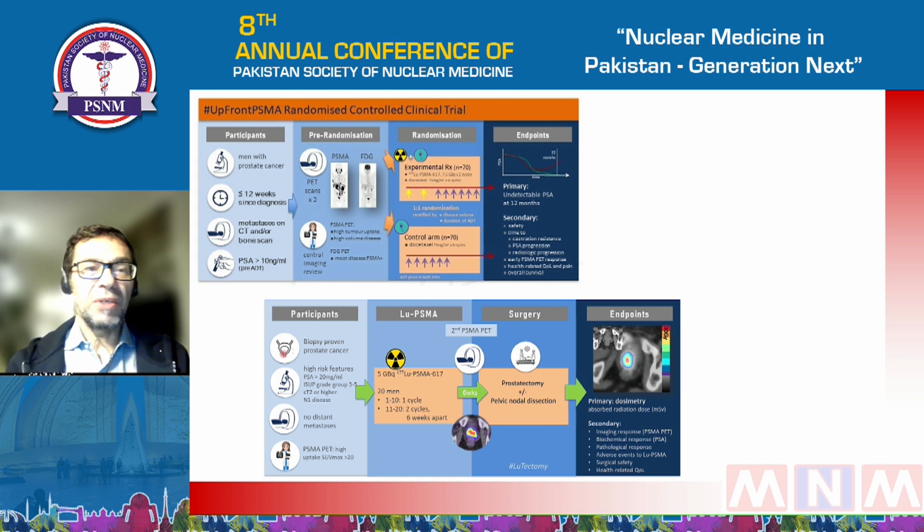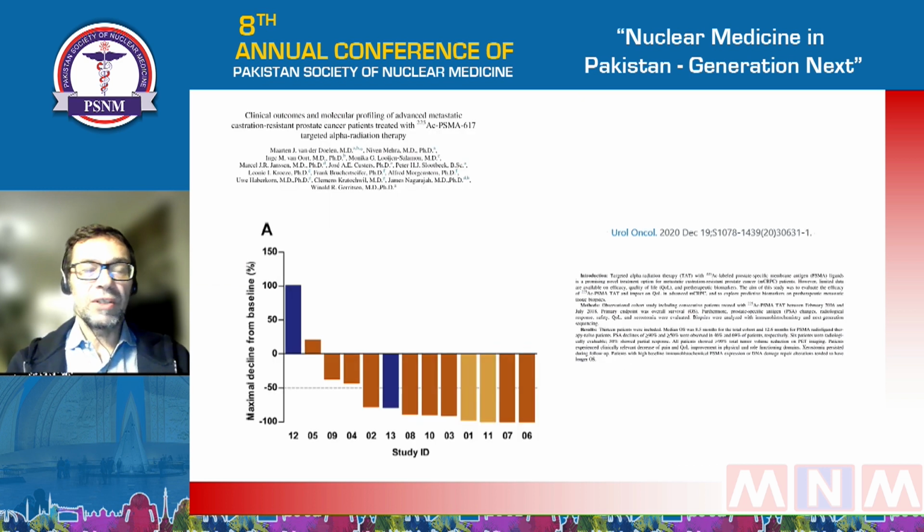I mentioned the PSMA-4. I'm sorry, I cannot include a slide because it has literally been presented yesterday, but it's in patients who have not received taxane yet, and the results are impressive.